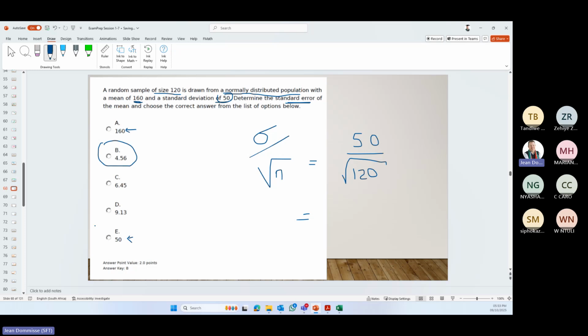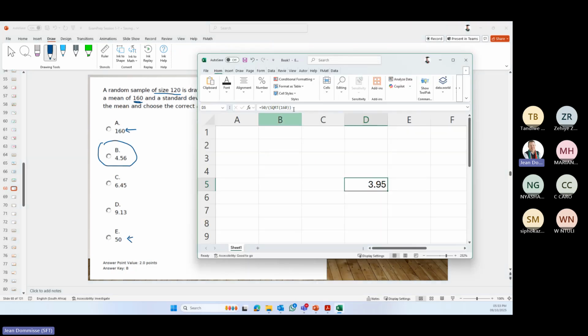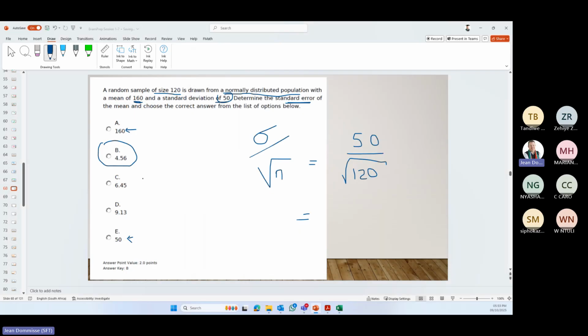If you said 160 divided by, also not. I don't know how I got to the others, but again, it's the standard error that we need to work out, and with that we can get to that answer.